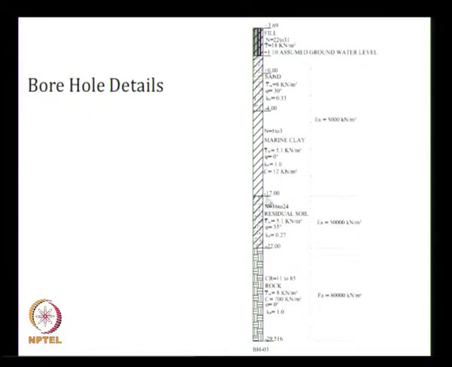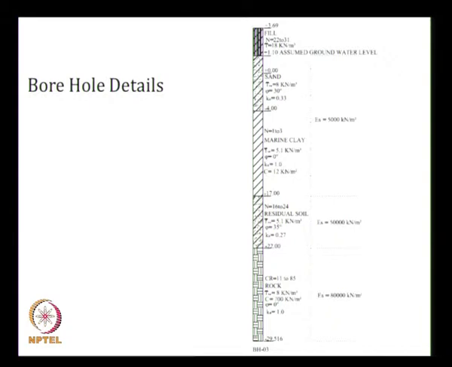This is the borehole detail. We assume the groundwater level at plus 1.1. I will discuss later how to calculate it. From the 3.69 level to 1.1 we have a fill material, SPT N value is 22 to 31, gamma dry is about 18 kilonewton per meter cube because it is above the groundwater level.